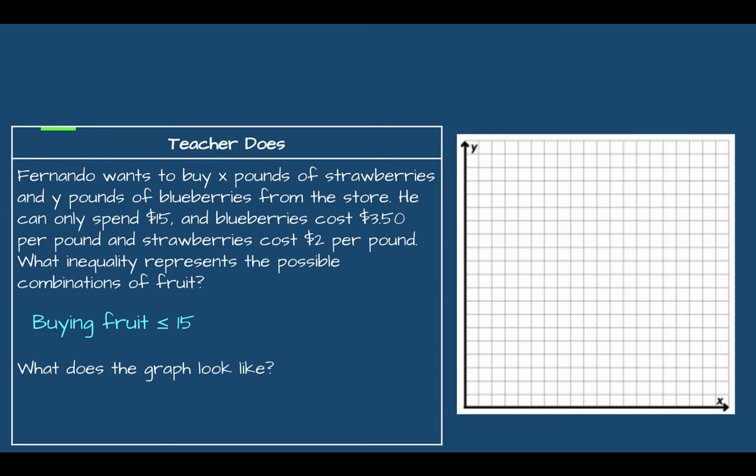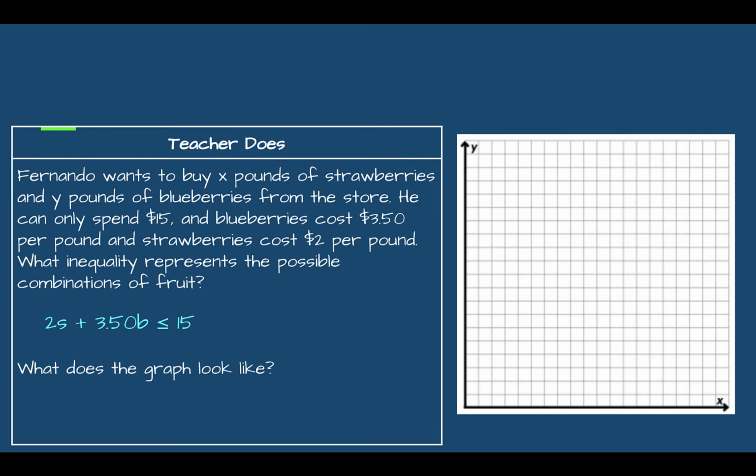So when we're buying fruit, we have S and B. Together, that's our combinations of fruit, and we need it to be less than or equal to 15. If we plug in the prices, 2 is the price of strawberries, and $3.50 is the price of blueberries. Still, they have to be less than or equal to 15.